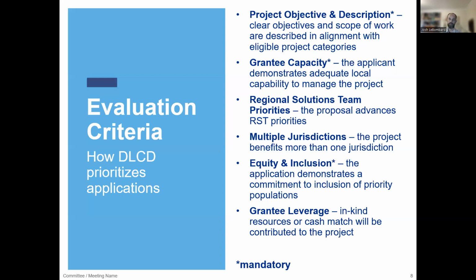So for instance, if you are looking to create something that is going to promote economic development, which meets our number 1 priority, but you're also looking to create, say, a template or something that could be replicated in other regions, educational brochure, something along those lines, then you can also check that box. And if we see multiple boxes being checked on these applications, then as you can imagine, those rise up as far as our priority for funding.